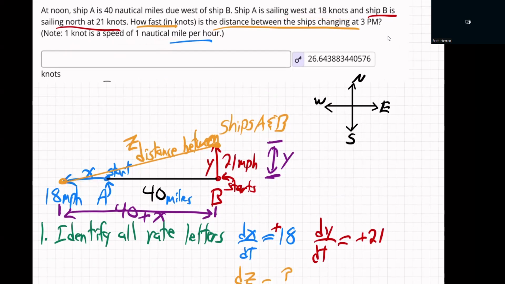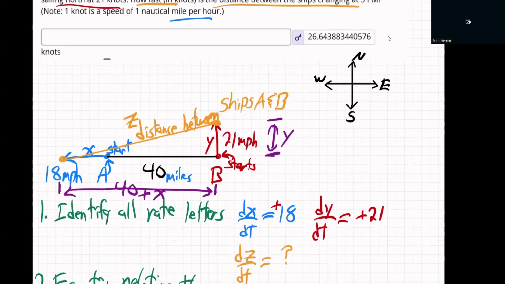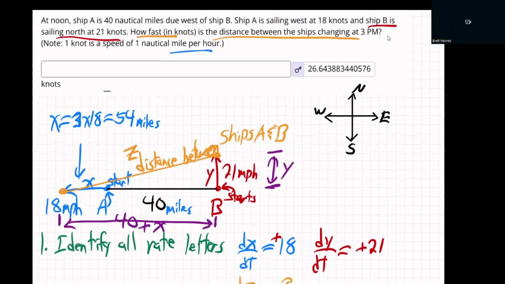Well, it said at 3 o'clock. So it started at noon and it goes to 3 o'clock. That's 3 hours. So X will be 3 times 18, which is 54. X is 54 miles. See how I came up with that?